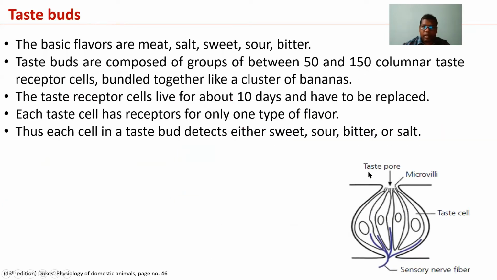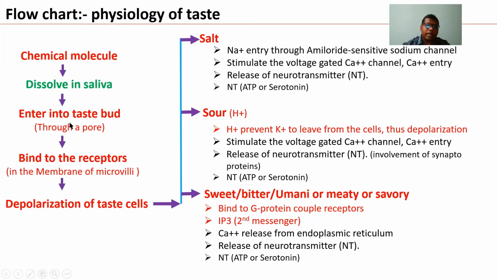So this is a taste bud, this is the pore, and through the pore those molecules enter and bind to the receptor present in the membrane of the microvilli of the taste cell. After binding to their receptor, the taste cell is depolarized. The taste cell may be for salt, sour, sweet, bitter, umami, or meaty or savory taste.